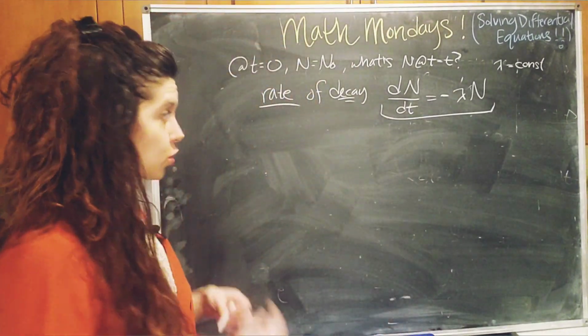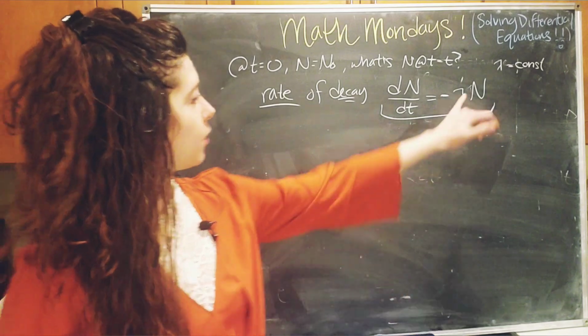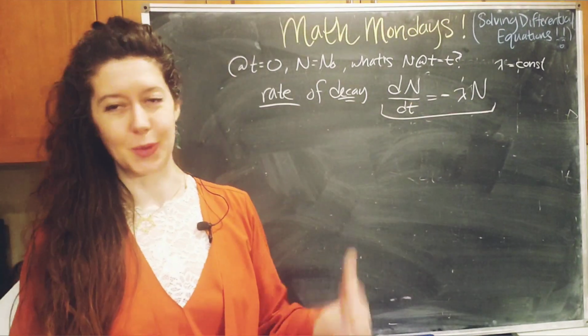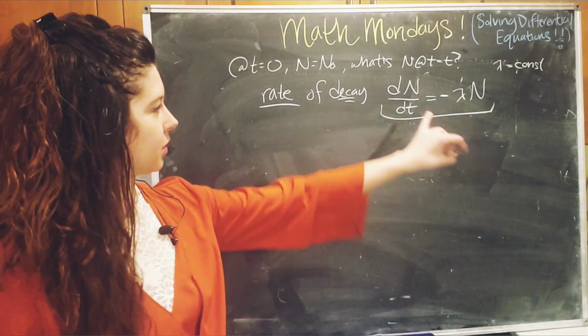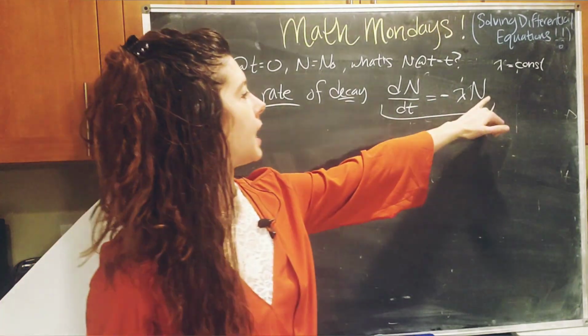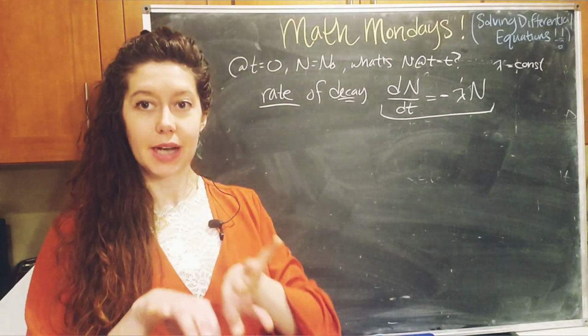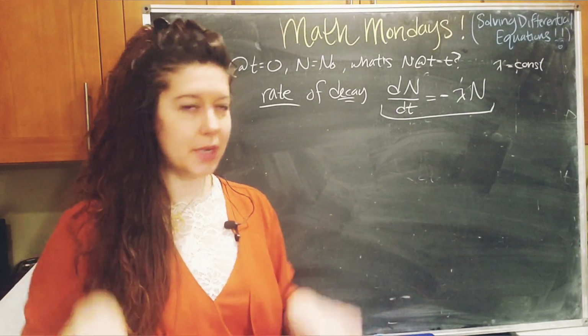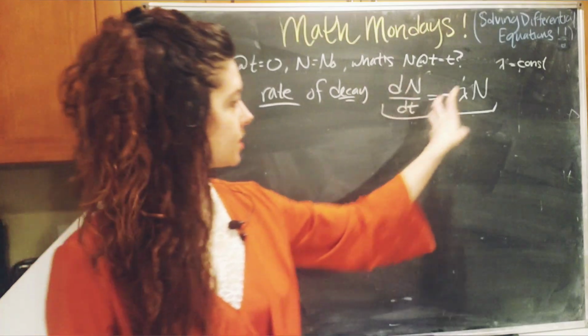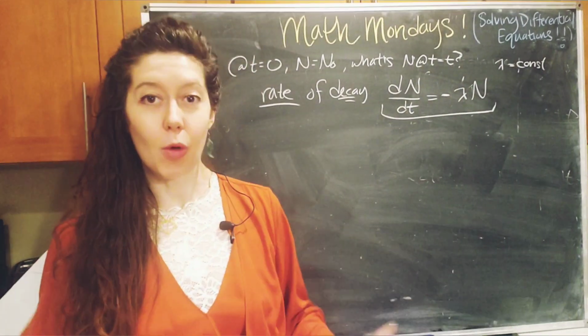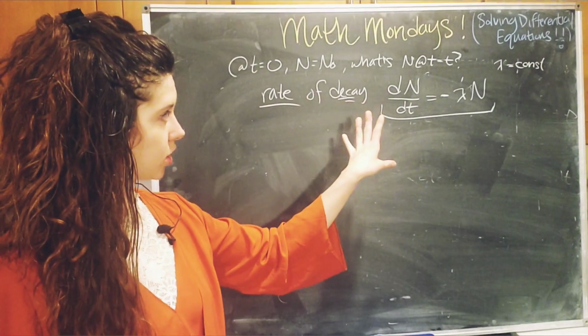So this is a first order differential equation. One of the other key things to note is that it's ordinary, which is good. We're dealing with full derivatives here. And it is separable, which means I can pull the pieces apart and move the n's to one side and all the t's to the other side. That will help us solve this equation.